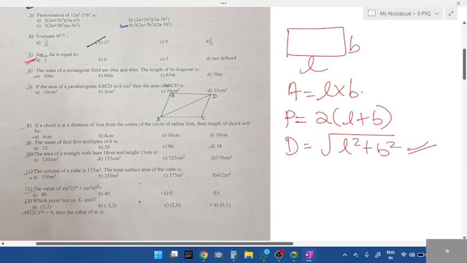Eighth question, seventh question, not seventh one.